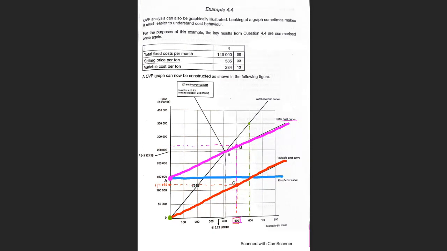So 600 units is what our items sold are, and we want to know the total sale. We multiply it by the sale price per unit, which is 585.33. This gives a total value of 351,198, which would be just above here.